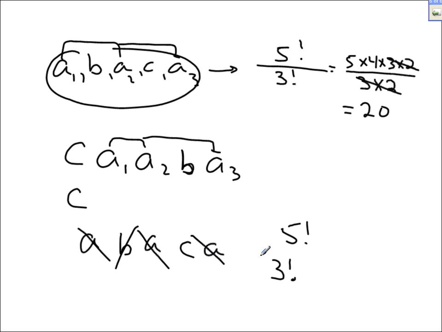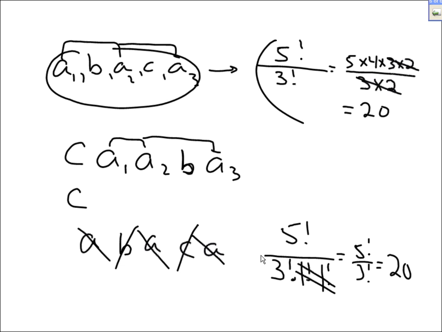There's 1 B, if you like, you can put 1 factorial. There's 1 C, you can put 1 factorial if you like. Dividing by 1s won't do anything. So you're still back to 5 factorial over 3 factorial. And as we showed above, that's 20.